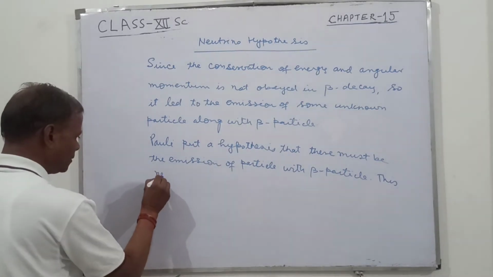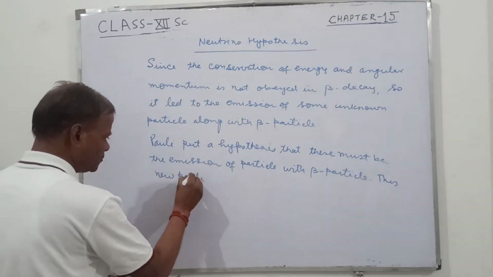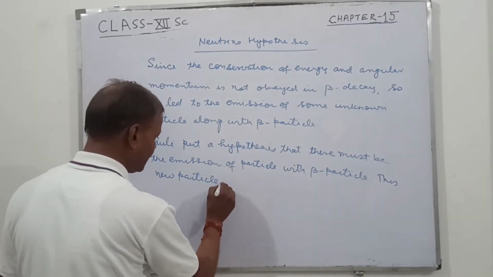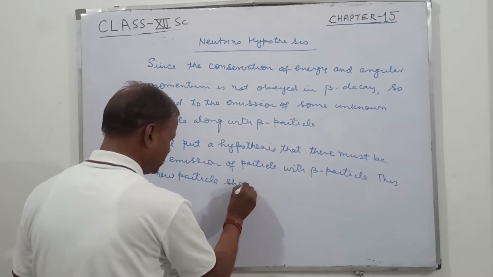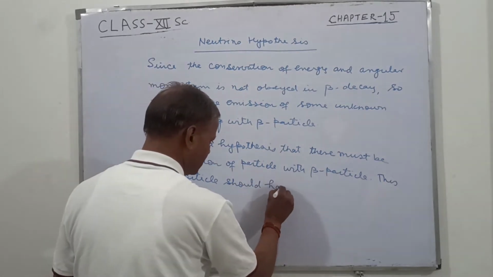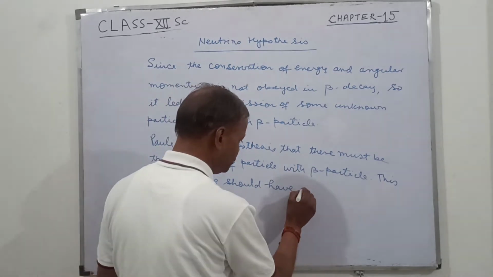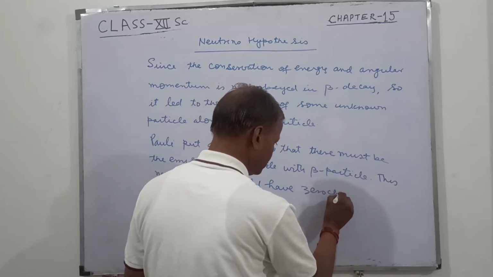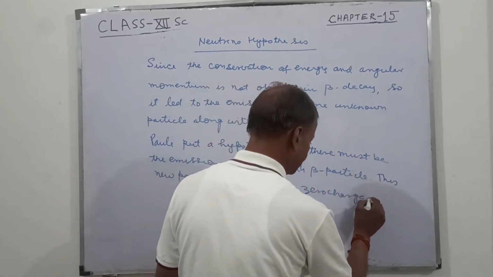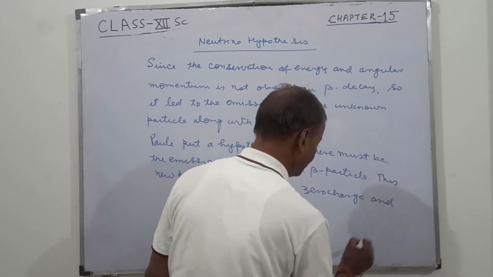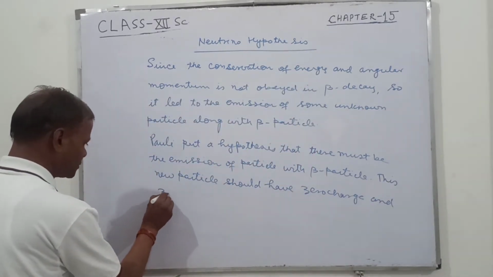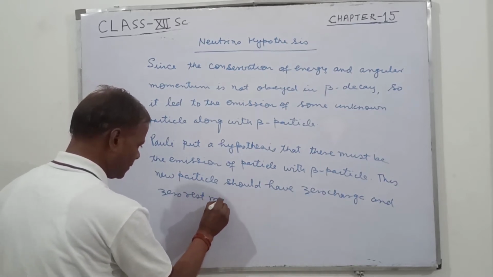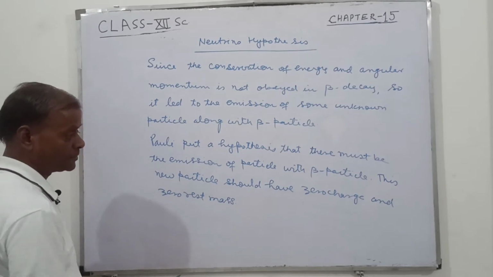This new particle should have zero charge and zero rest mass. He named this particle neutrino.